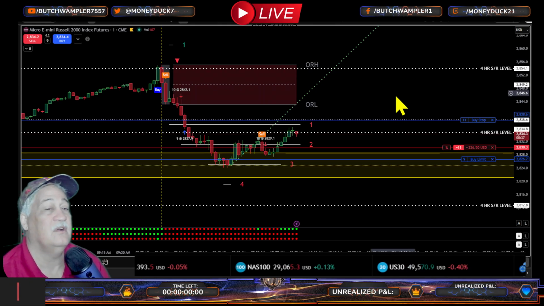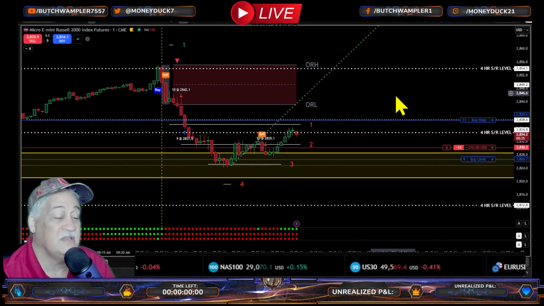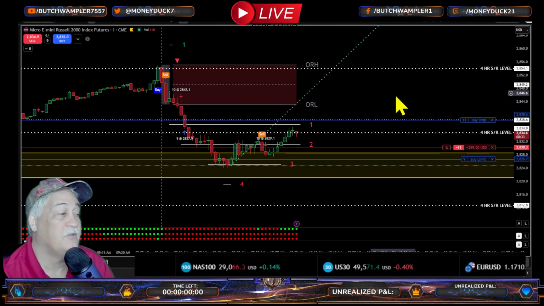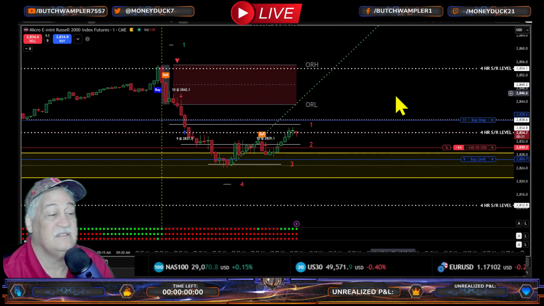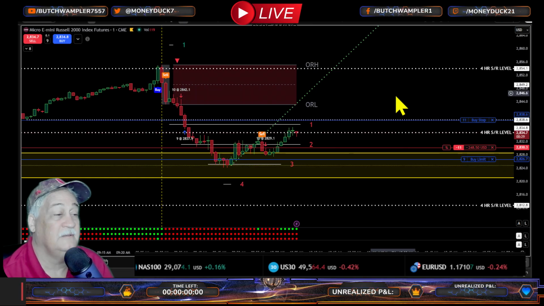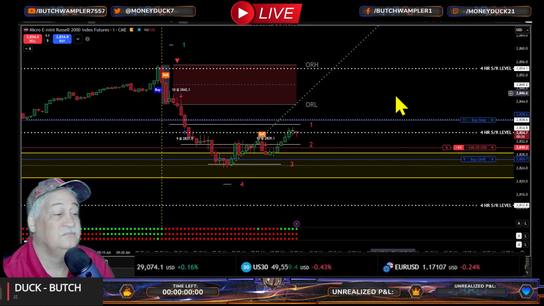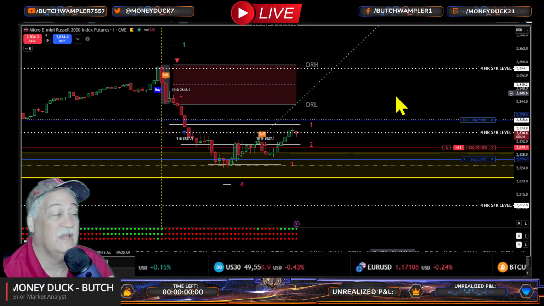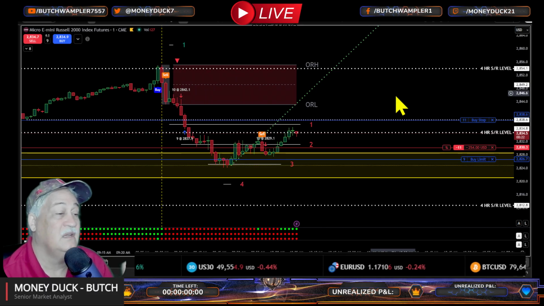This is all about your account management, your risk tolerance. For me, I'm comfortable with the 10. Part of that has to do with what I locked in last night. If I wouldn't have traded gold last night and locked in what I locked in, I probably would have went in with just 4 contracts there.